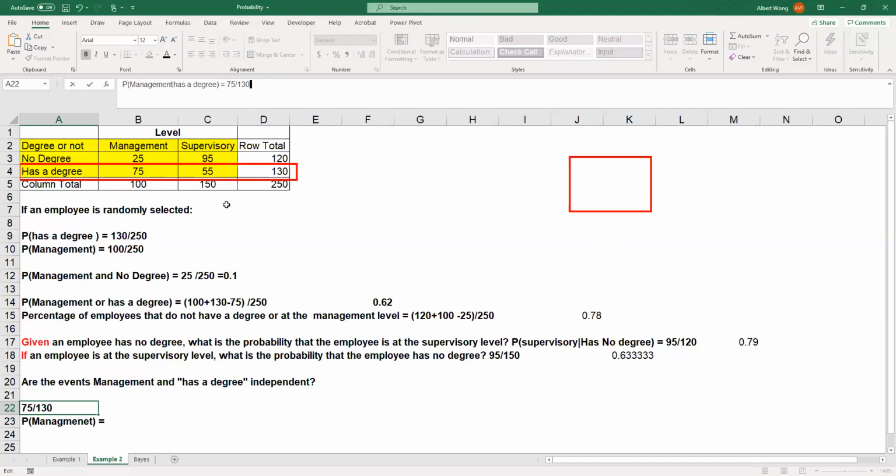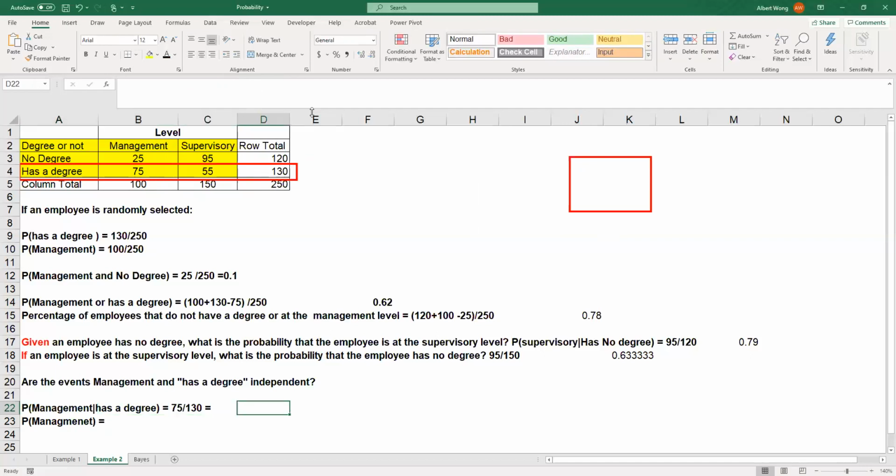Because we are doing a comparison, we need to calculate it out. So we do 75 divided by 130, because that makes it easier for us to look at the numbers and do a comparison. The second one is just the probability of management.